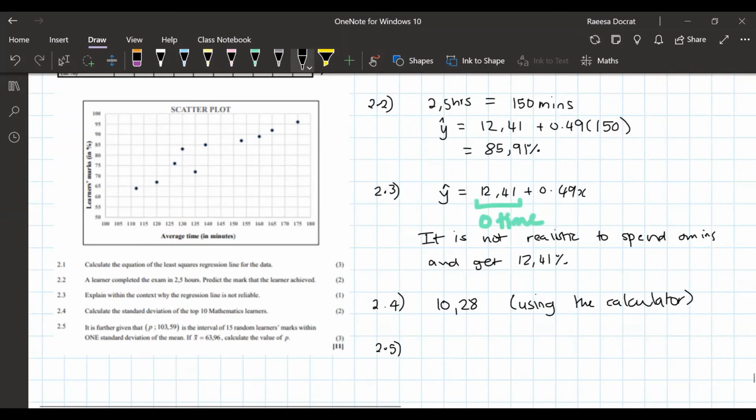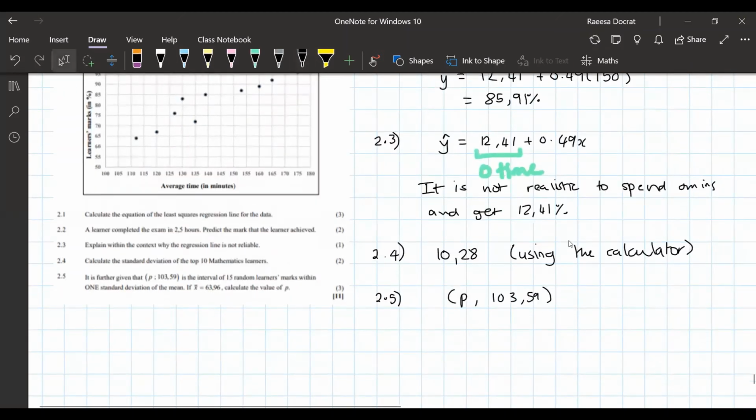Then 2.5 says, given that P to 103.59 is the interval of 15 random marks within one standard deviation of the mean, and x bar is equal to 63.96, you have to calculate P. Within one standard deviation means that P corresponds to x bar minus a standard deviation, and 103.59 corresponds to x bar plus our standard deviation.